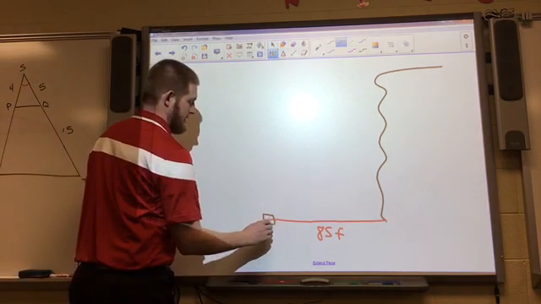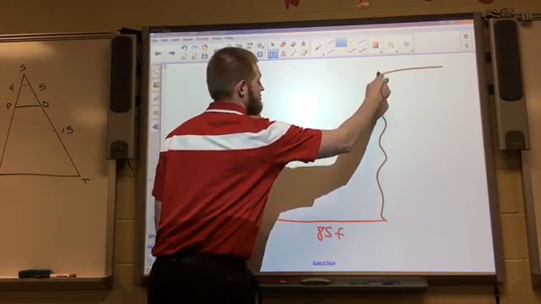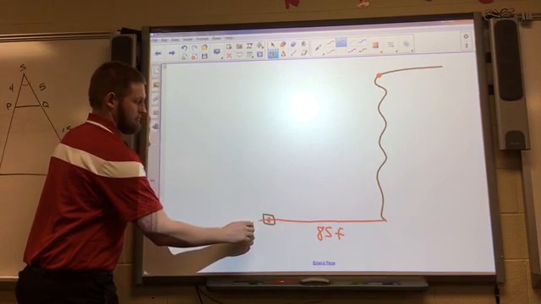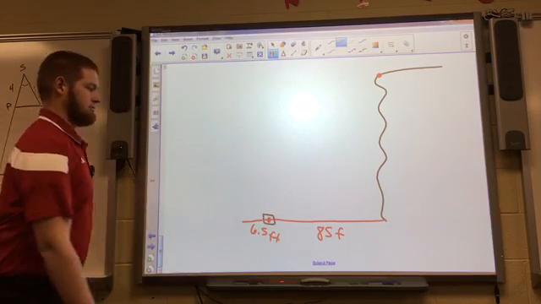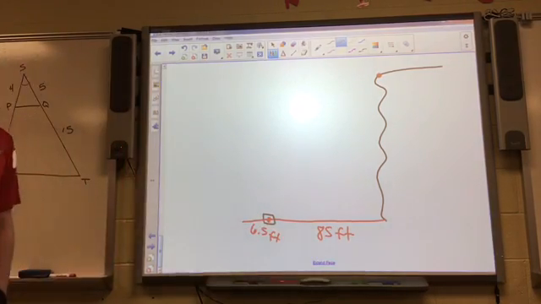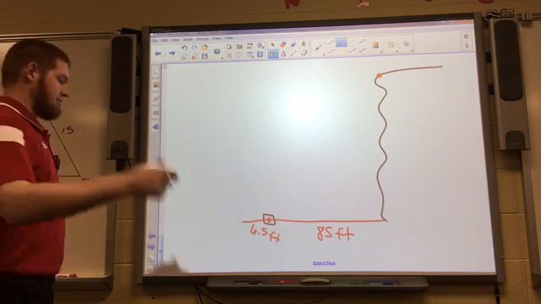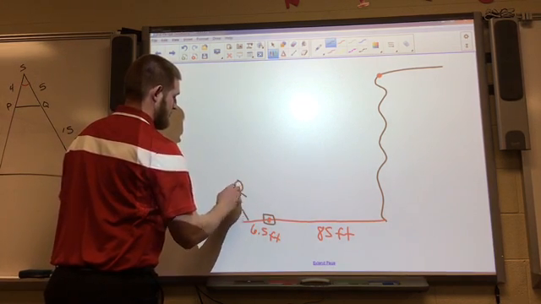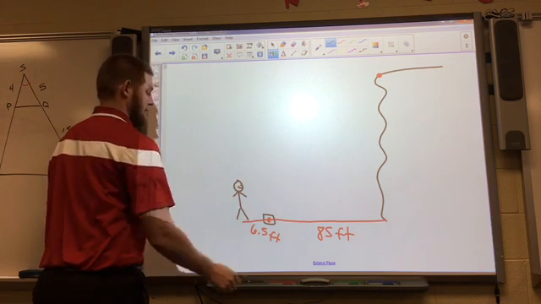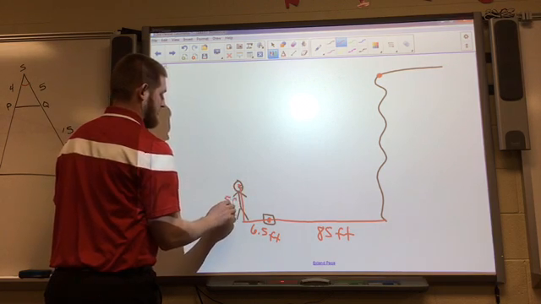And then he backs up until he can see the point of this rock wall right in the middle of the mirror. 6.5 feet is what it took. Now before he started this whole process, he went ahead and measured from his feet to his eyes, and he happened to know that from his feet to his eyes was 5 feet.